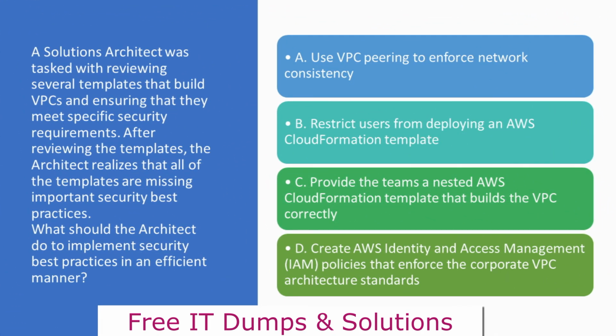A solutions architect was tasked with reviewing several templates that build VPCs and ensuring that they meet specific security requirements. After reviewing the templates, the architect realizes that all of the templates are missing important security best practices. What should the architect do to implement security best practices in an efficient manner? Options we have: A. Use VPC peering to enforce network consistency.